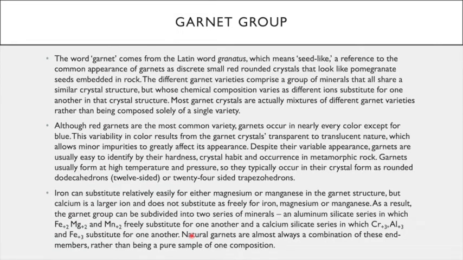So now the word garnet actually comes from the Latin word granatus, which means seed-like. It refers to its common appearance of small crystals of garnets. They look like pomegranate seeds embedded in the rocks. So reddish color because it's the most common one.